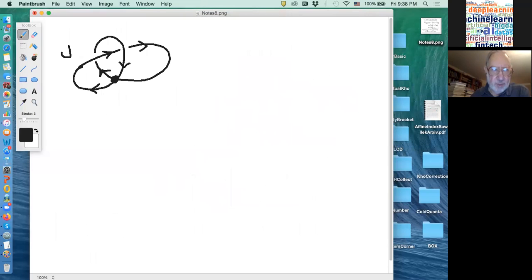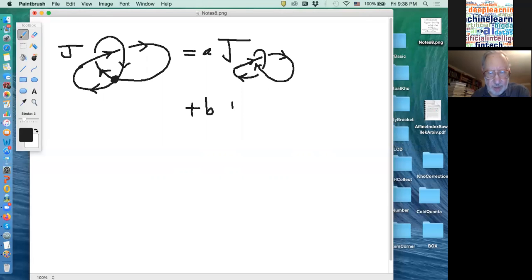So then j of this would be equal to a times j of, now I have to copy that and go this way, plus b times j of, and I have to copy it and go the other way. And one of them, in this case, is an unknot. This is equivalent to an unknot. And this is a trefoil.